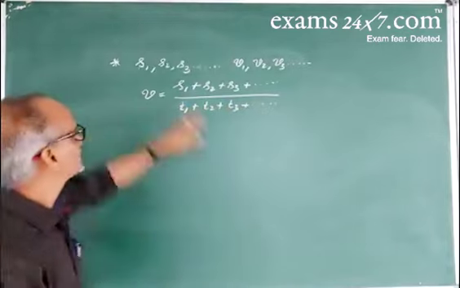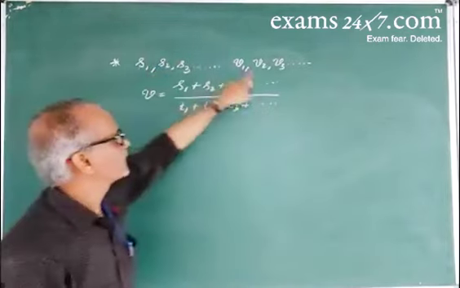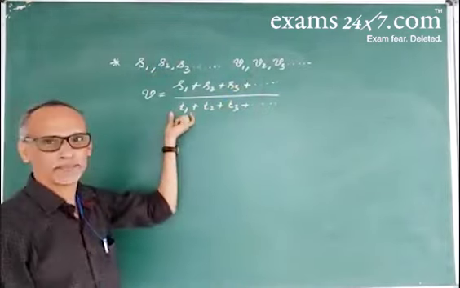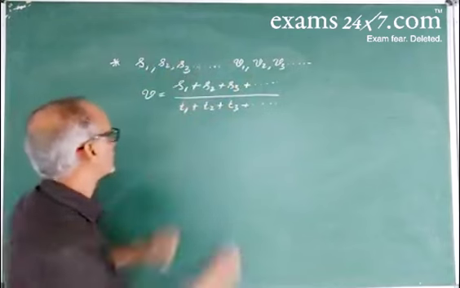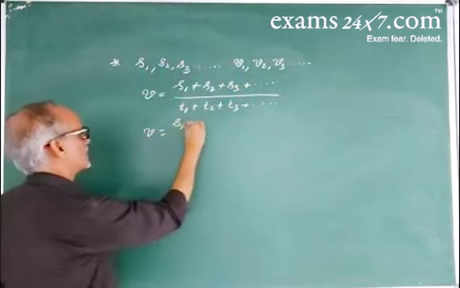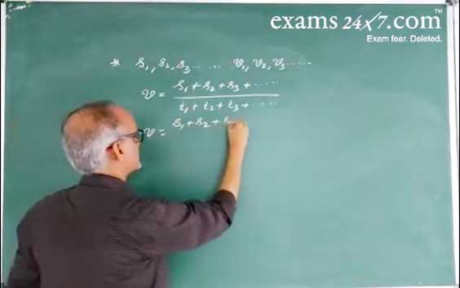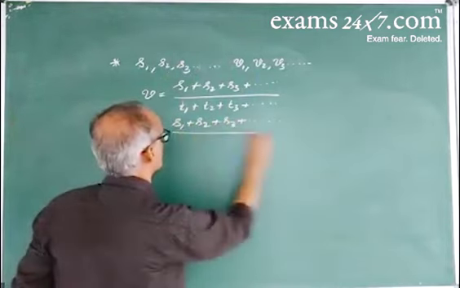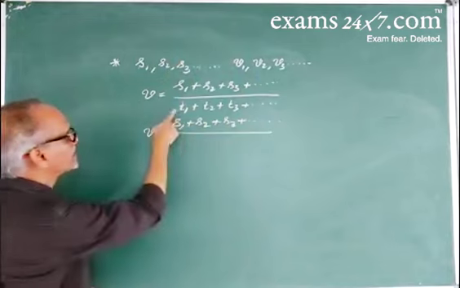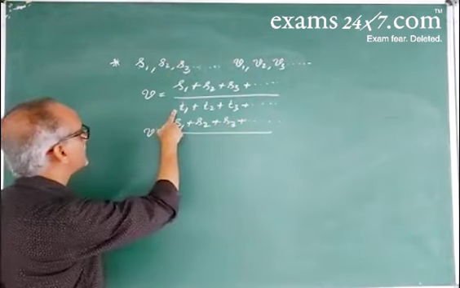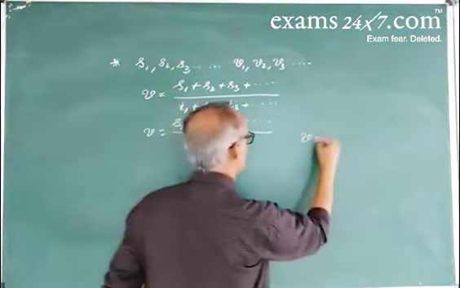But here the given data is the distances and the velocities. So therefore I have to replace the time in terms of s and v. So v is equal to s1 plus s2 plus s3, and so on, divided by the time, which we can write in terms of s and v, because we know that v is equal to s by t.